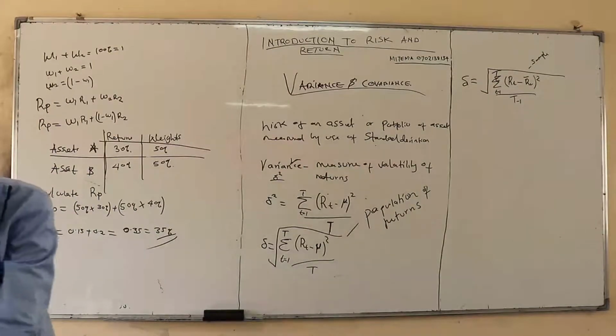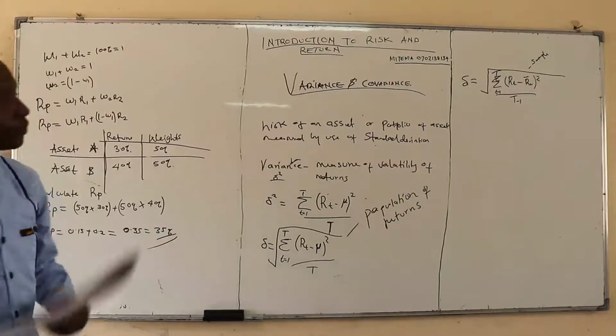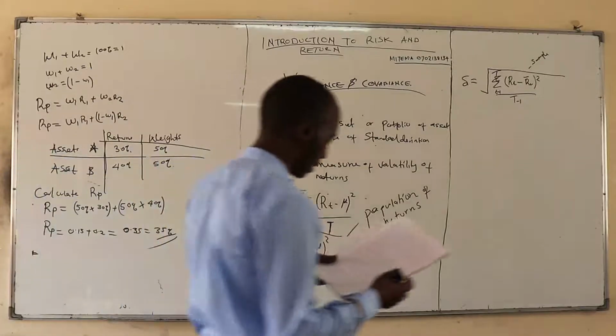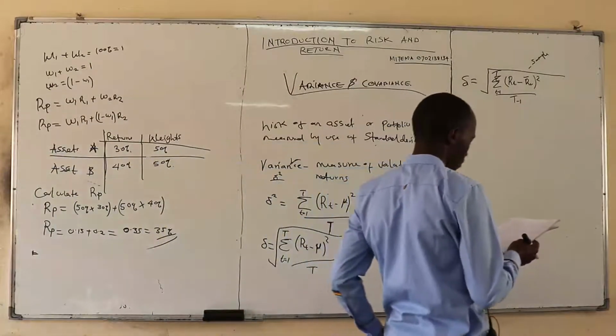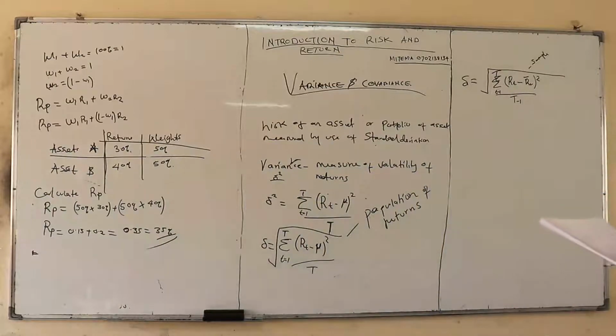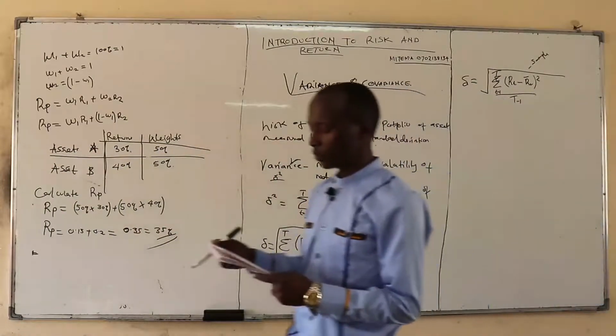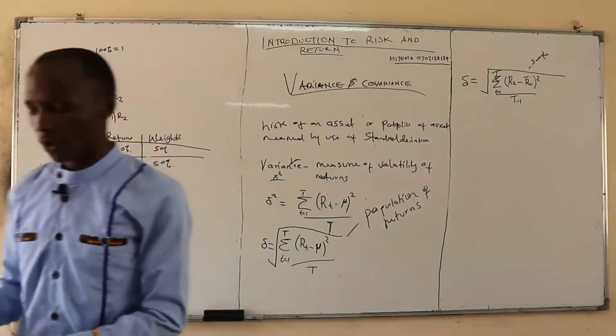So when computing the variance of portfolio returns, standard statistical methodology can be used by finding the variance of the full expression of portfolio return. The variance can also be expressed more generally for n securities in a portfolio using the notation which you have just seen.